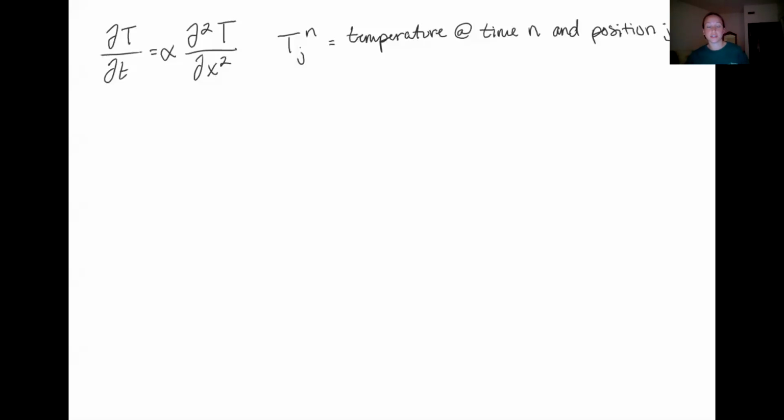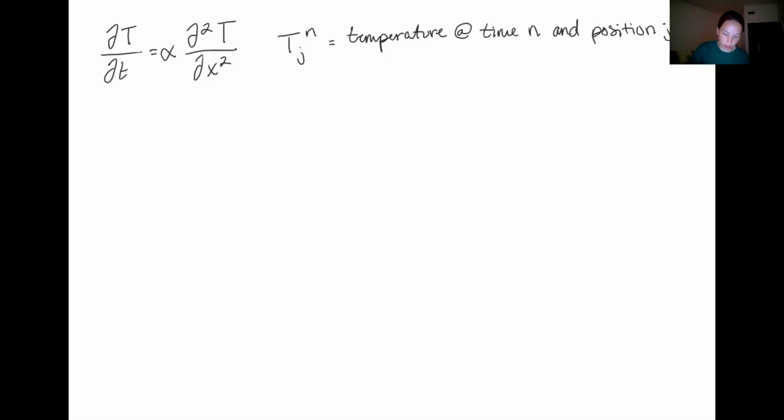Okay, so now that we understand that, we can express this partial differential equation in terms of these T values. And to do that, we're again going to take the first derivative on the left-hand side and the second derivative on the right-hand side, but in terms of these T values.